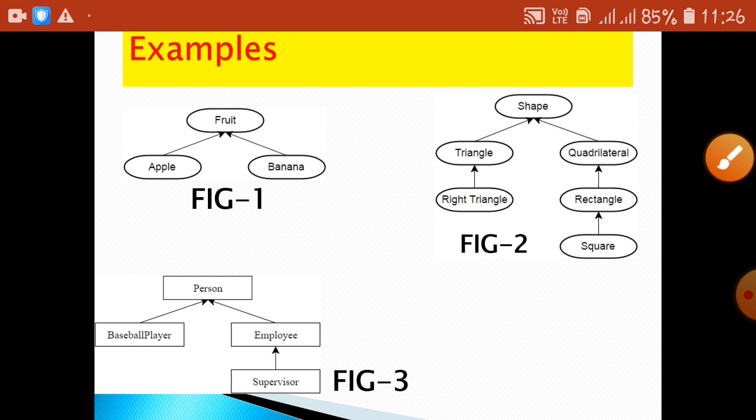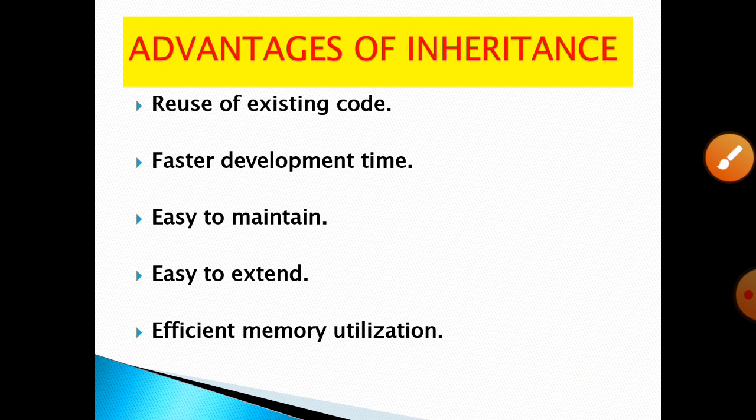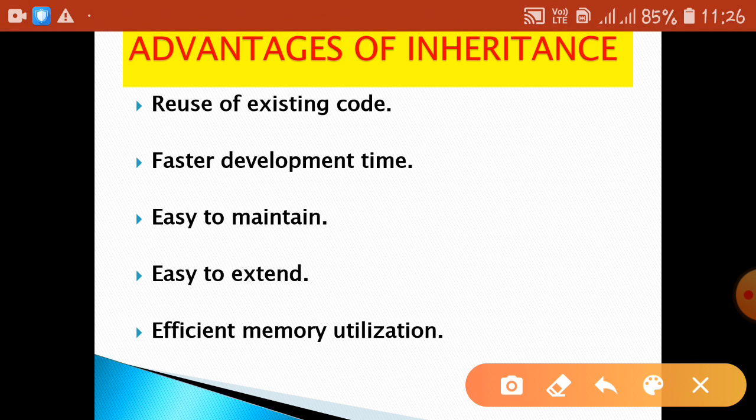Okay, so why should we learn inheritance? What are the advantages of inheritance? We will see in this slide. As I told in the OOPS chapter, there was a small concept of inheritance.